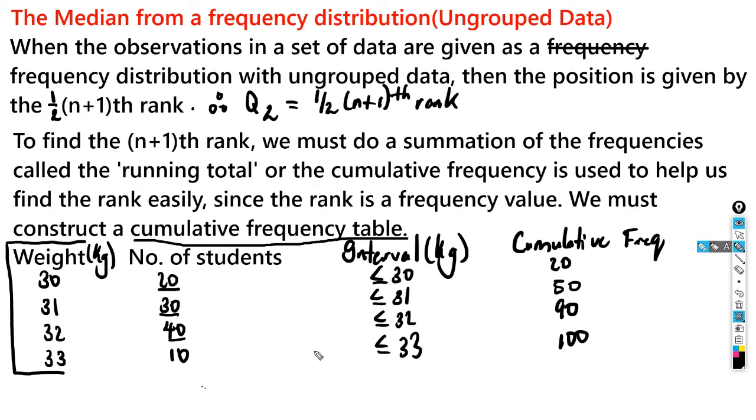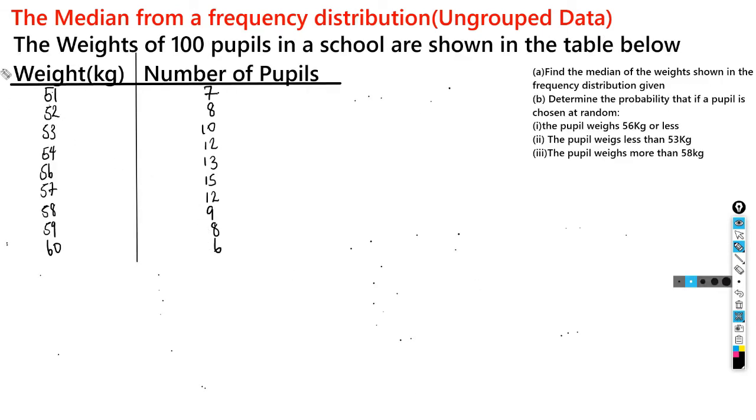So let's do an actual example of this and work it out to see a full question with the median from a frequency distribution from ungrouped data. Okay. All right, guys. So let's look at this question here. It says the weights of 100 pupils in a school are shown in the table below.